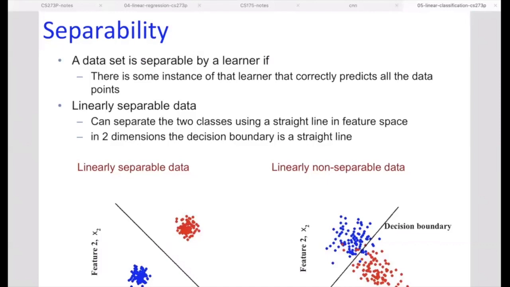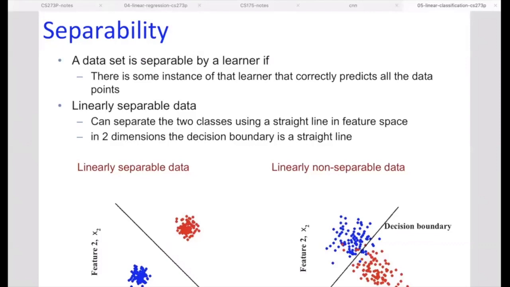However, in some data sets, you may not have a plane that can completely separate these 2 groups of data points. And we have this terminology called separability to refer to whether data can be linearly separated or not.